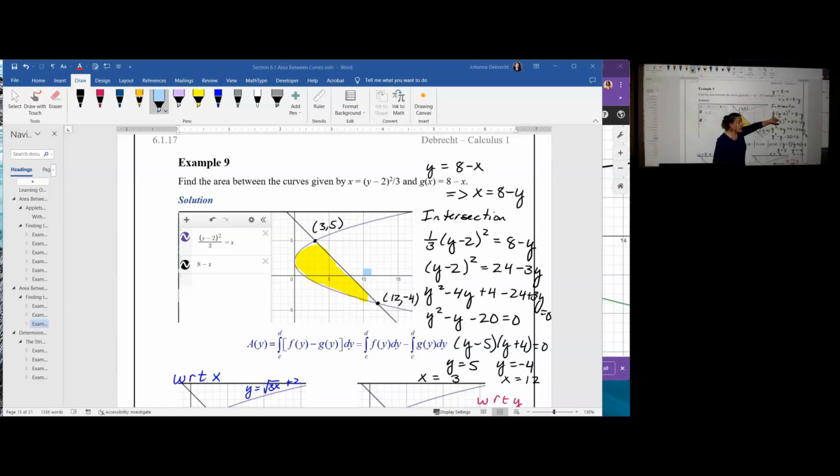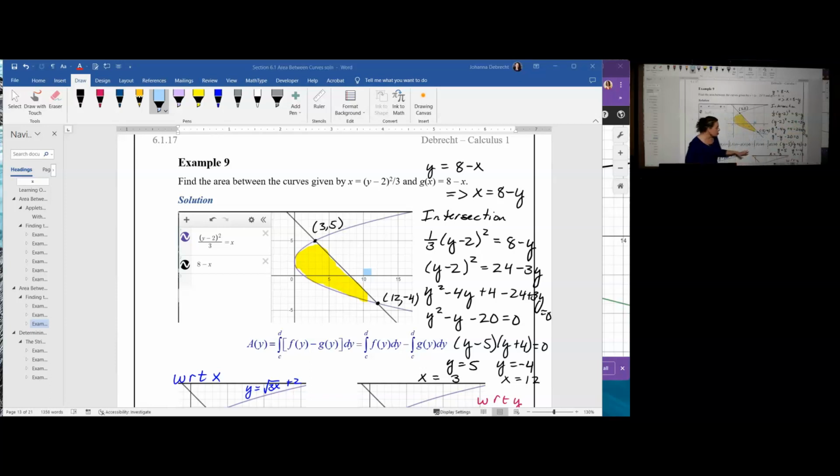In this case, I had a factor of 1/3 on the left. So I multiplied every term in the equation by 3. And then I multiplied out the y minus 2 to get y squared minus 4y plus 4. I subtracted the 24 and added the 3y.